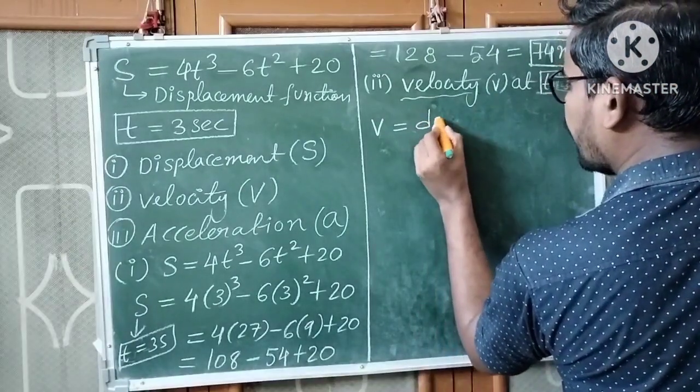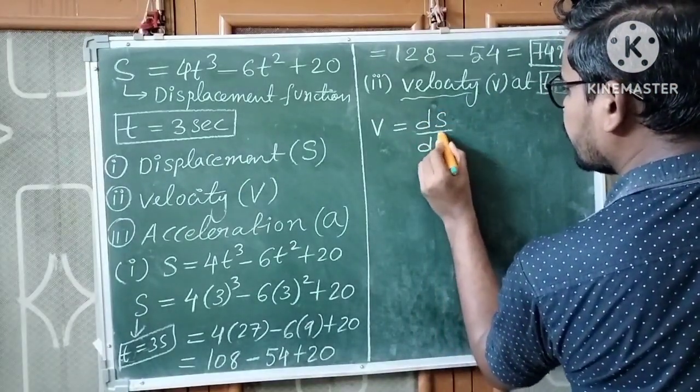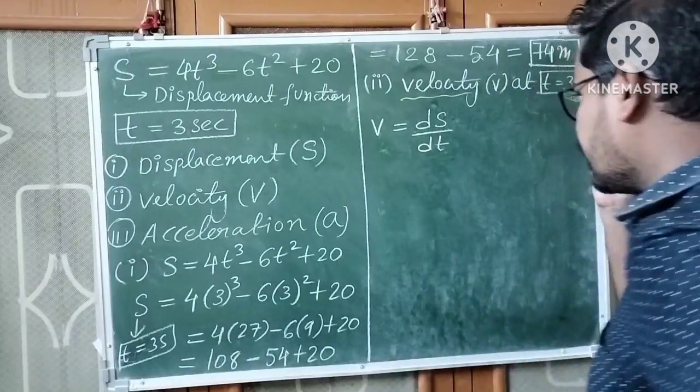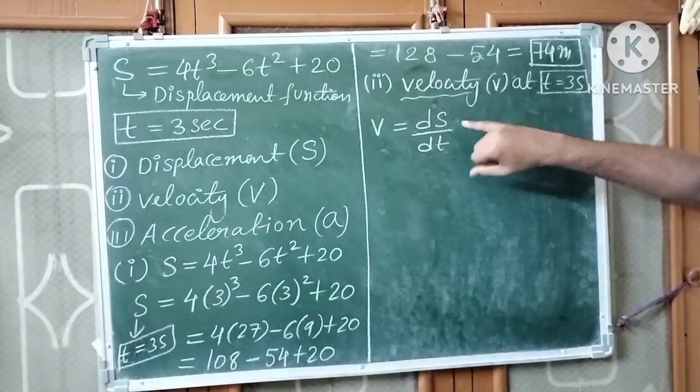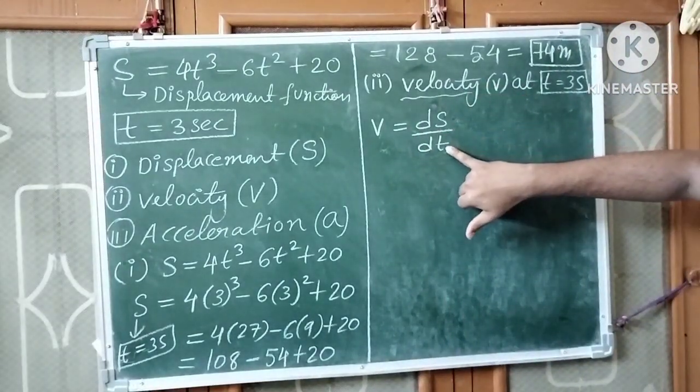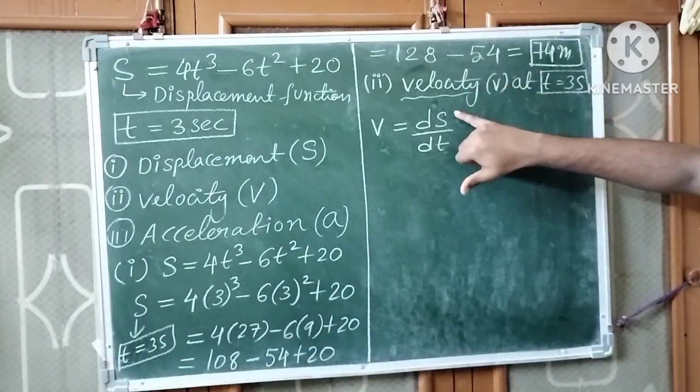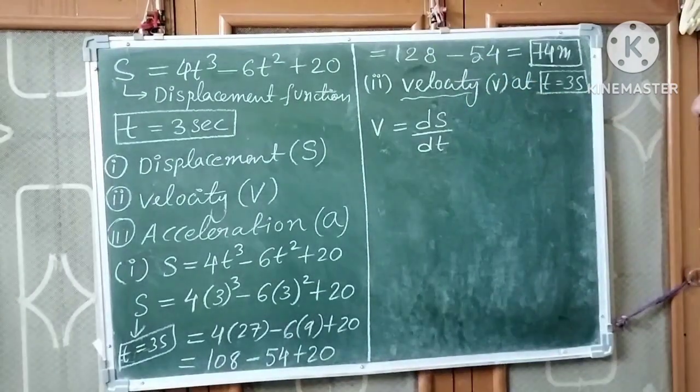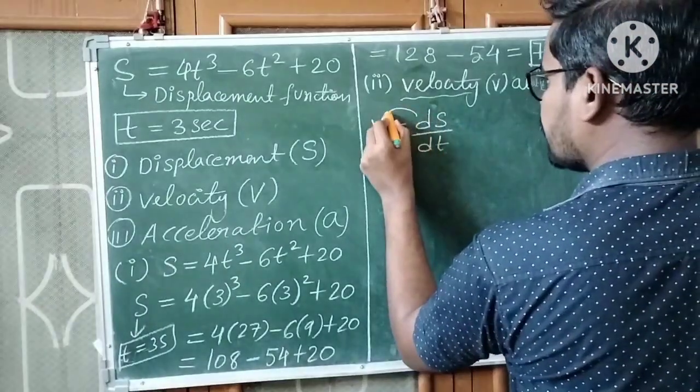It is denoted by ds/dt. So ds/dt gives us velocity.